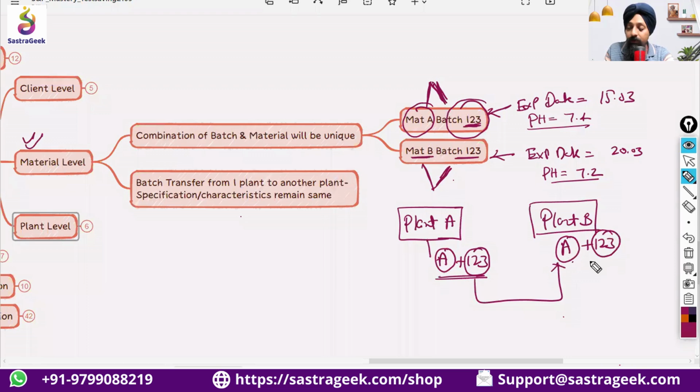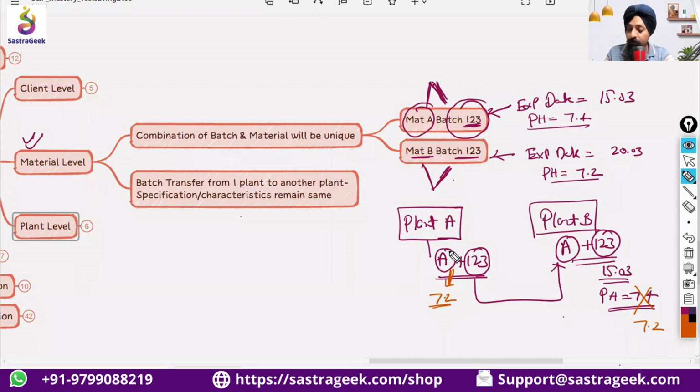It would be going with its characteristics, that it has expiry date 15th March and a pH value of 7.4. If in this plant you change that, saying it is not 7.4, it is 7.2, here also it will change to 7.2.